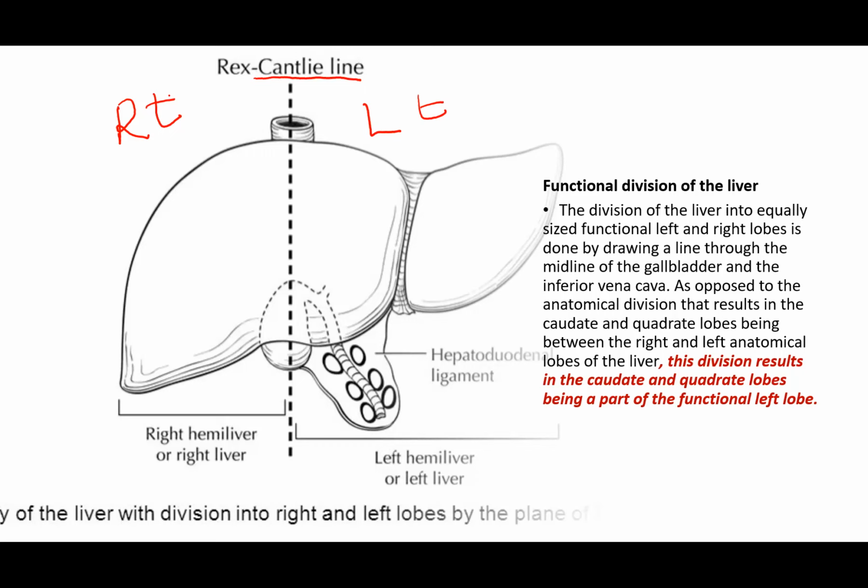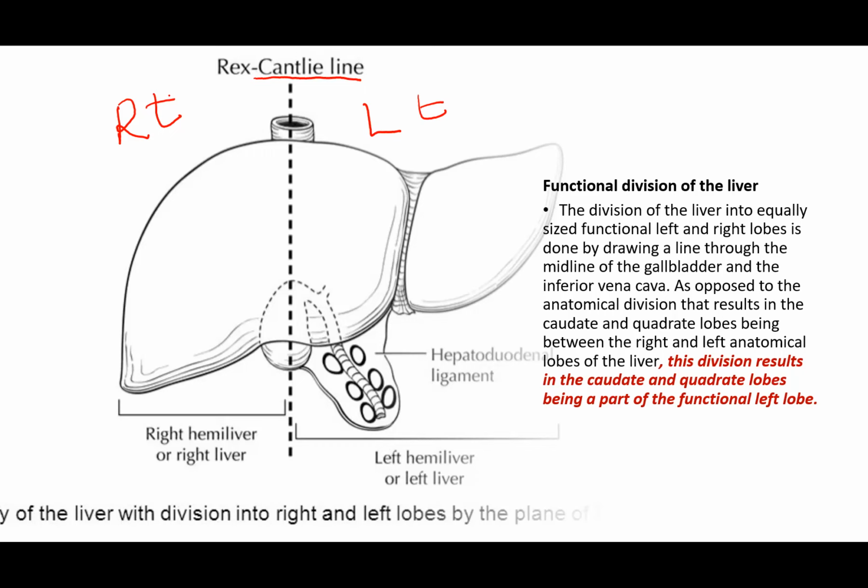Now you can see with this functional division, those two accessory lobes are now part of the left lobe rather than the right lobe. So you have to pay attention to this.